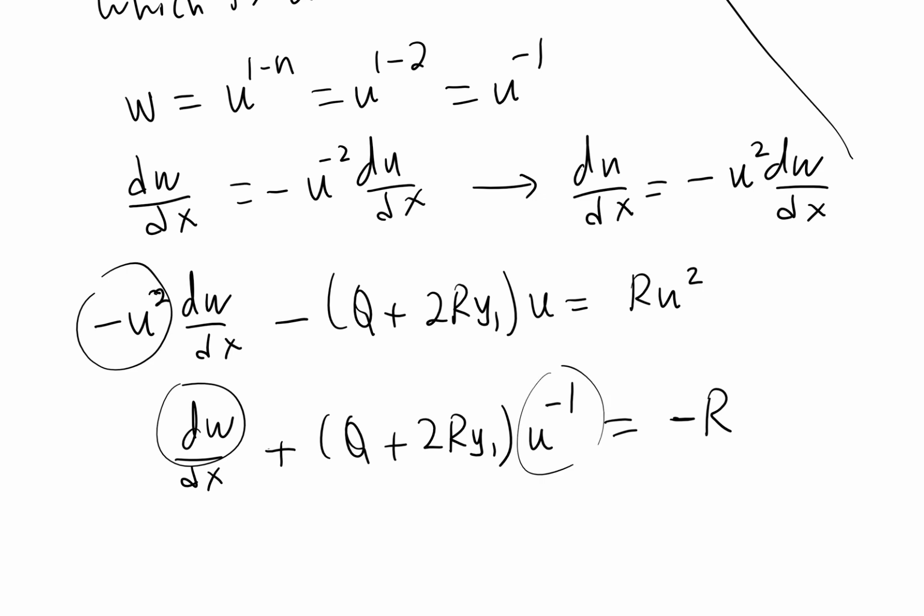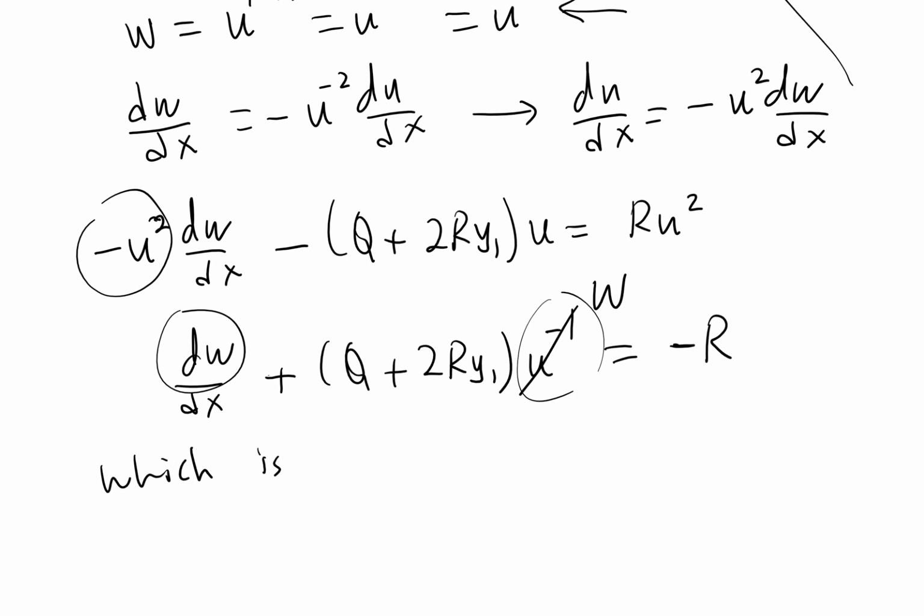Well, u to the negative 1 is really w, so you can replace that with w. And now this Bernoulli process transformed that differential equation into a linear differential equation that can be solved easily.